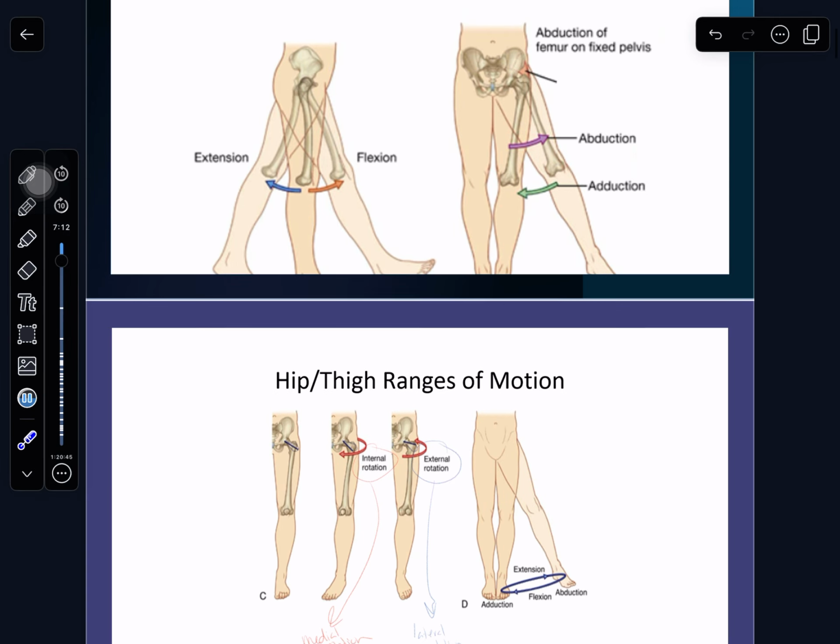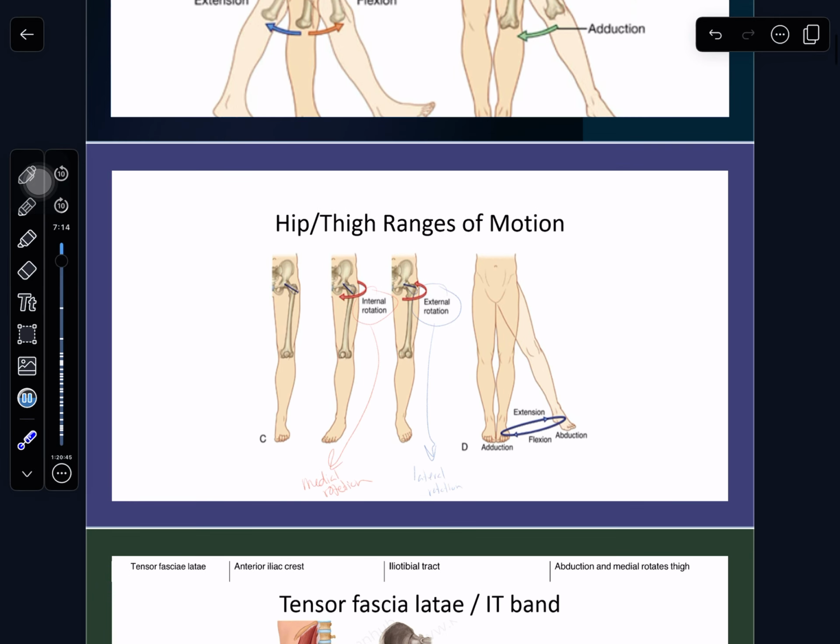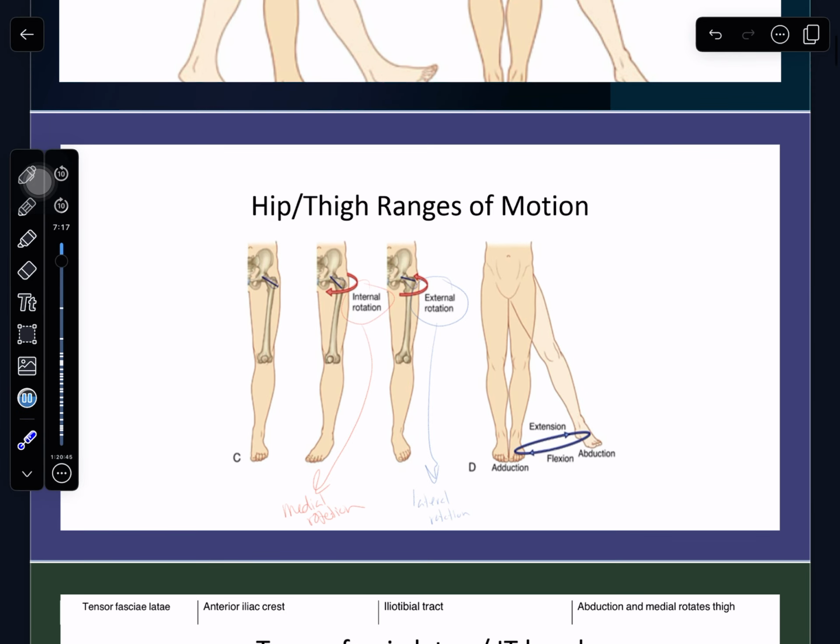Some more very important ranges of motion you should be aware of: internal and external rotation. These terms can also be substituted. For internal, we can also call that medial rotation.